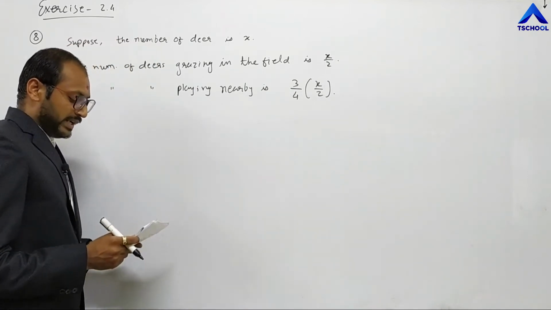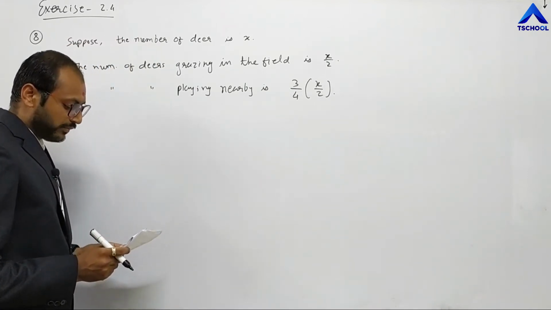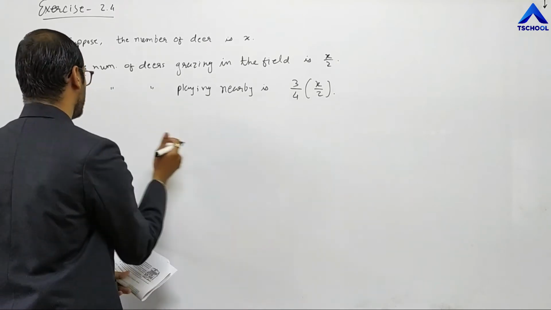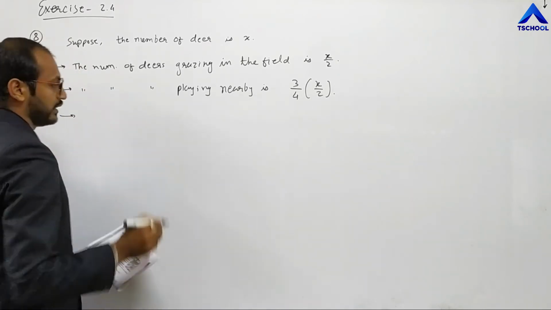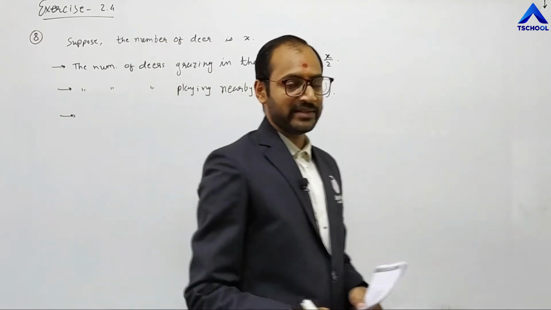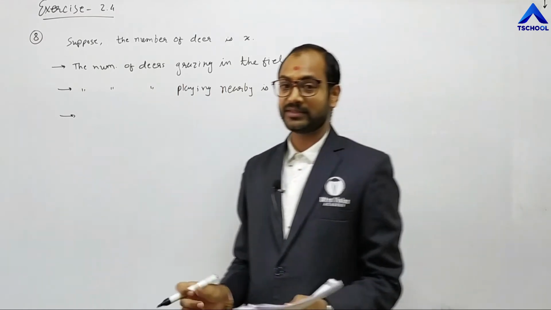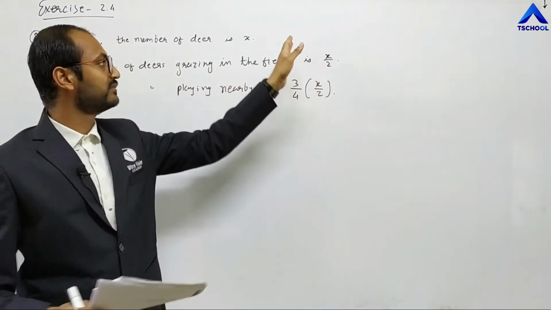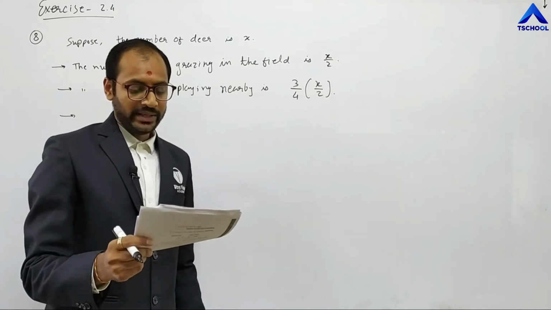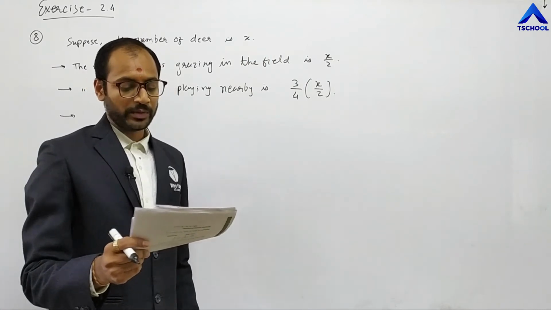The rest 9 are drinking water from the pond. So the rest are 9. That means the total number of deer is x, and the remaining are drinking water from the pond.